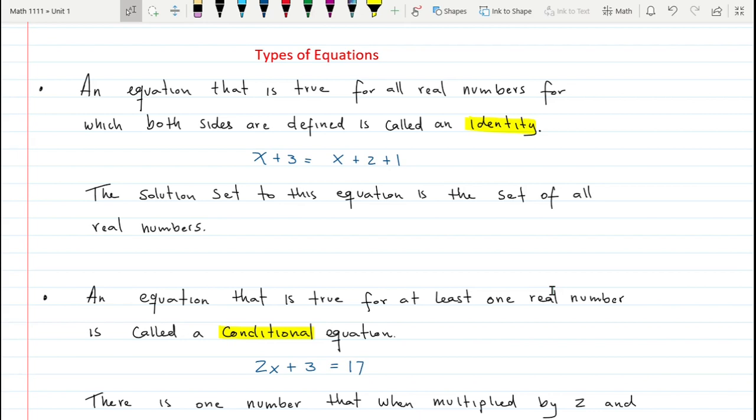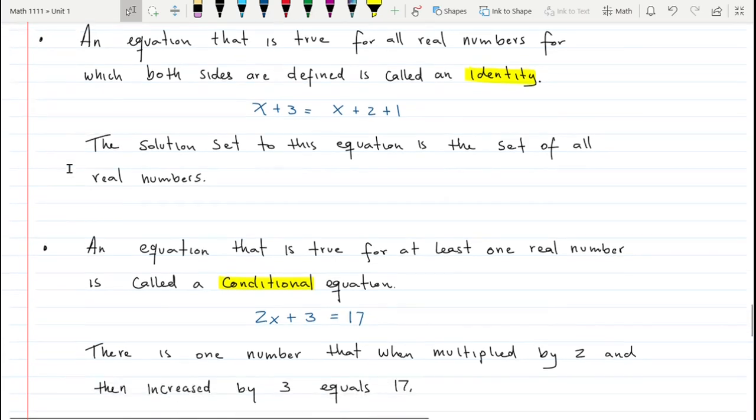The first one is an equation that is true for all real numbers for which both sides are defined, which is called an identity, meaning that whatever you plug in for x, you just replace that number and the left side equals the right side. It's as simple as that. The solution set to this equation is the set of all real numbers, right? So any number that you plug in here is a solution. Done.